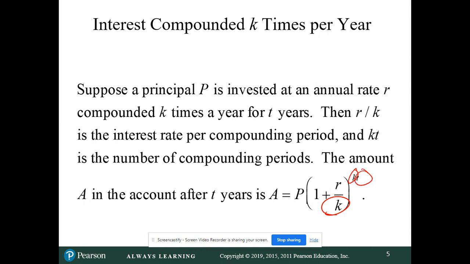T is the number of years. A lot of times in the past, I've taught it A equals P times 1 plus R over N to the NT power. You may have seen that one before, but they changed their N's to K's.